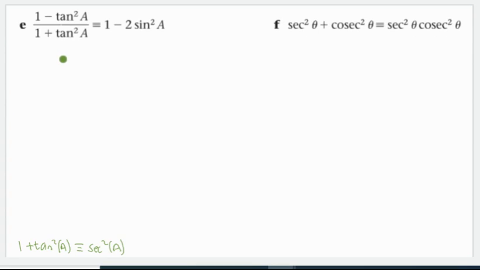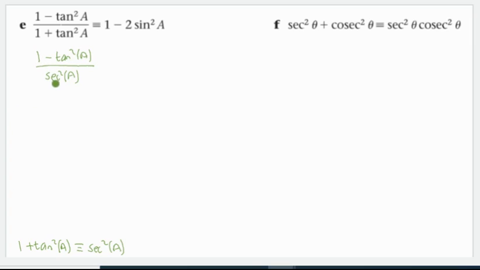What I'm going to do is say that this is 1 minus tan squared a over, well, 1 plus tan squared a is sec squared a, so I'll put it over sec squared a.